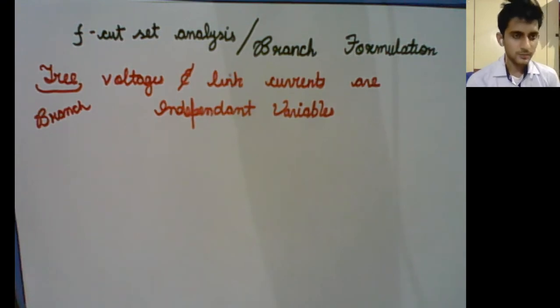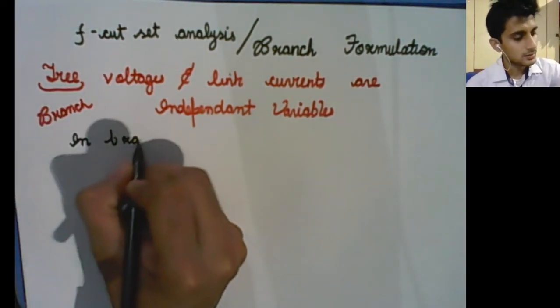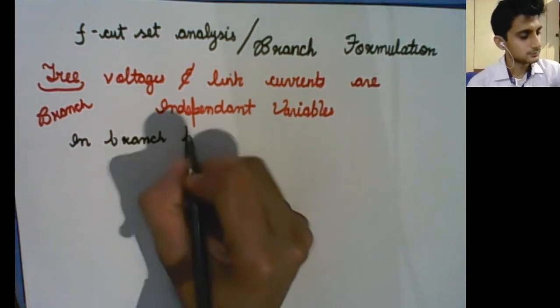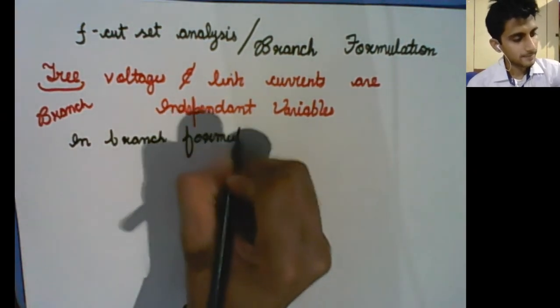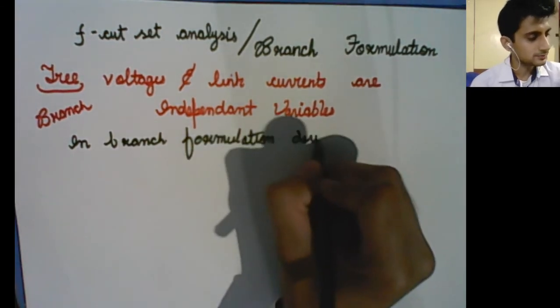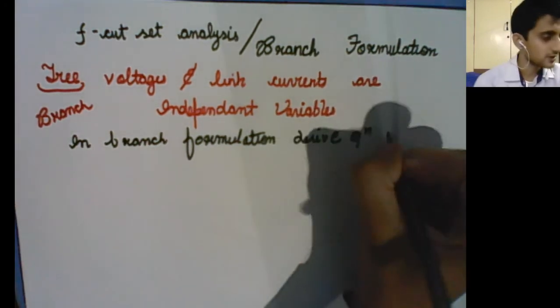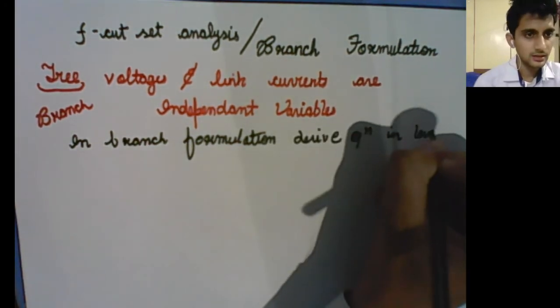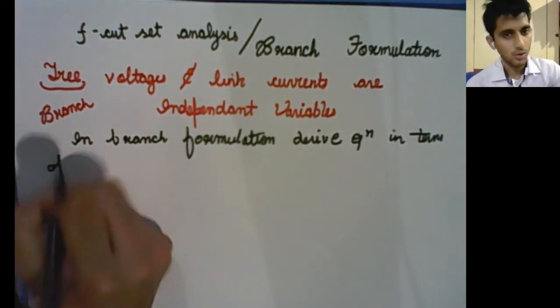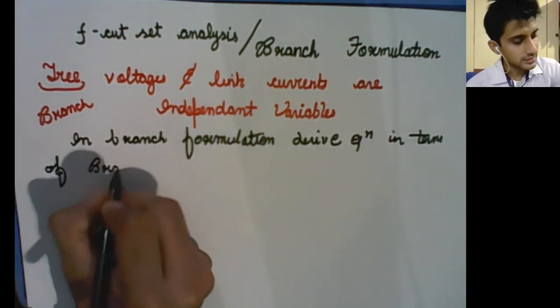In branch formulation we derive equations in terms of tree voltages only. So in branch formulation, derive equations in terms of branch voltages only.